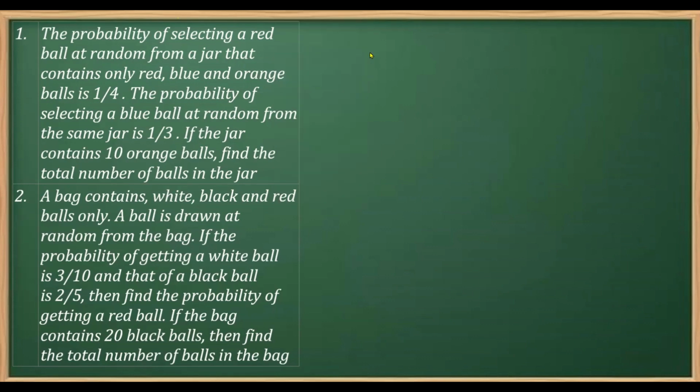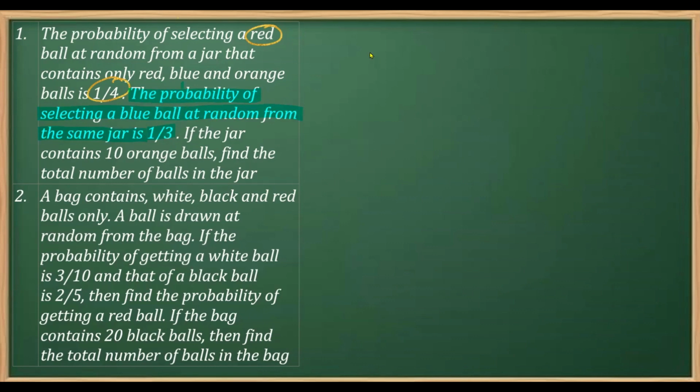Now, the first question says the probability of selecting a red ball at random from a jar that contains only red, blue, and orange balls is 1 over 4. If you read this again by pausing the video, you'll find that the probability of getting a red is 1 over 4. As I read further, it says the probability of selecting a blue ball at random from the same jar is 1 over 3.